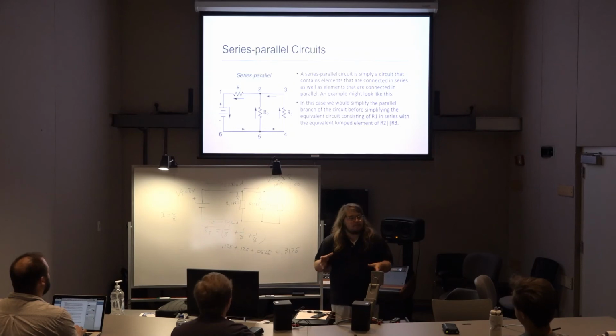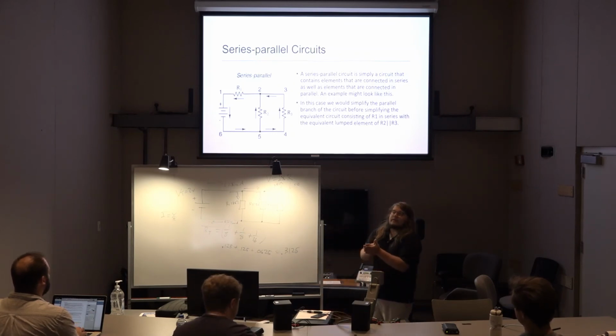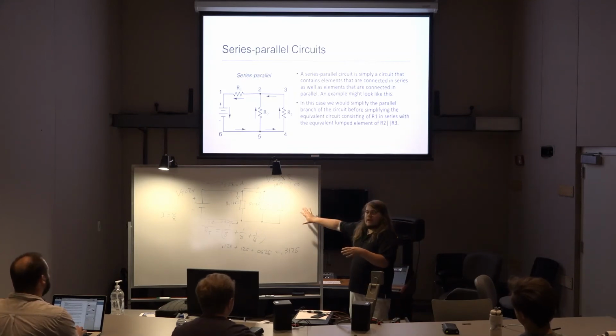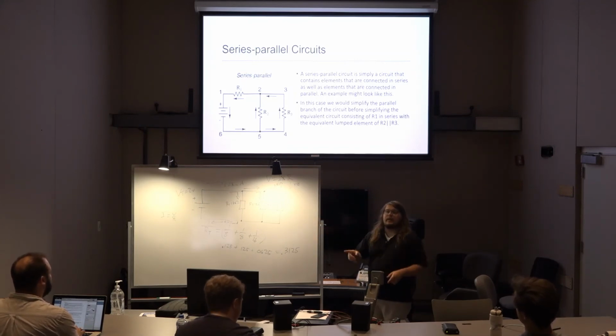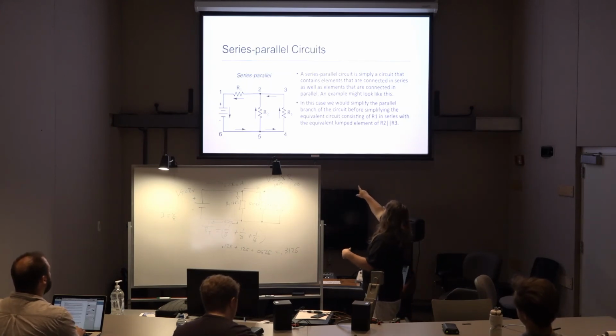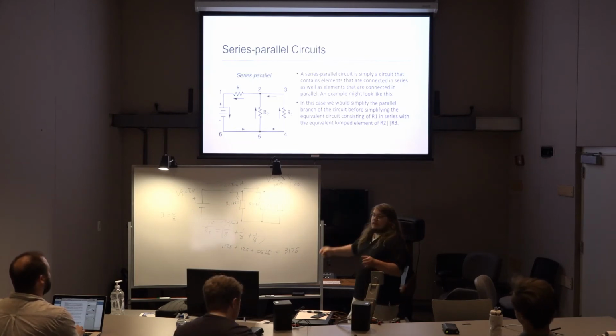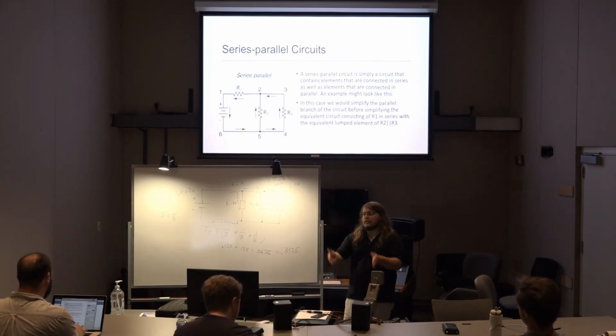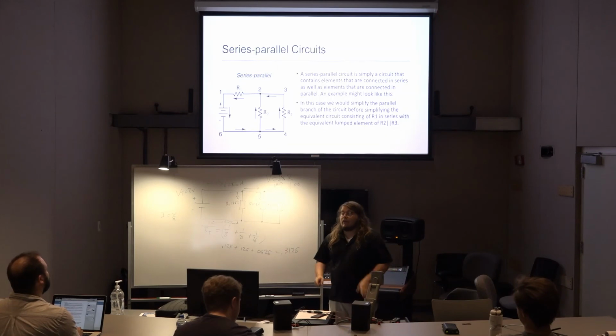If we simplify the 2 parallel elements, R2 and R3, and we represent them diagrammatically, conceptually, as one element, the equivalent lumped element of R2 in parallel with R3, that's just saying this is now a super resistor of the 2, okay?